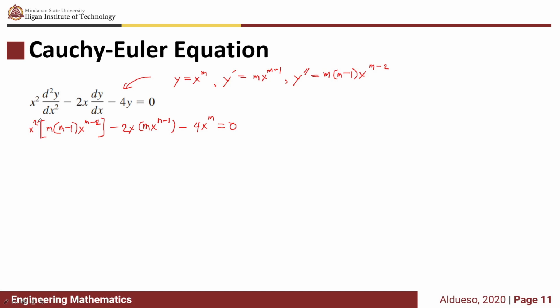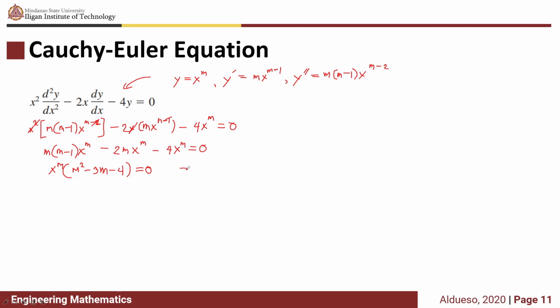Now, for this term, x squared is cancelled and we are left with m times m minus 1 times x to the m. For this term, x is cancelled, leaving 2m x to the m, minus 4x to the m equal to 0. Arranging this equation, x to the m times m squared minus 3m minus 4 equal to 0.